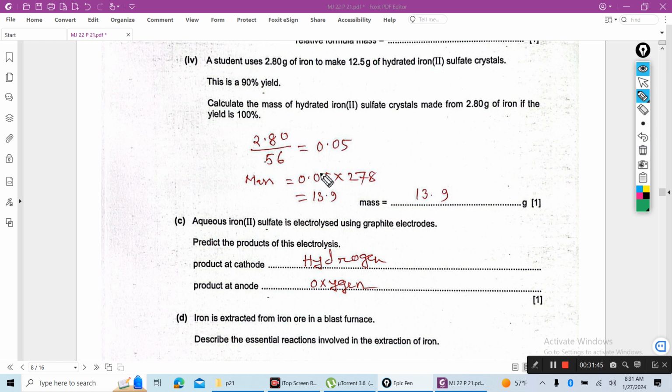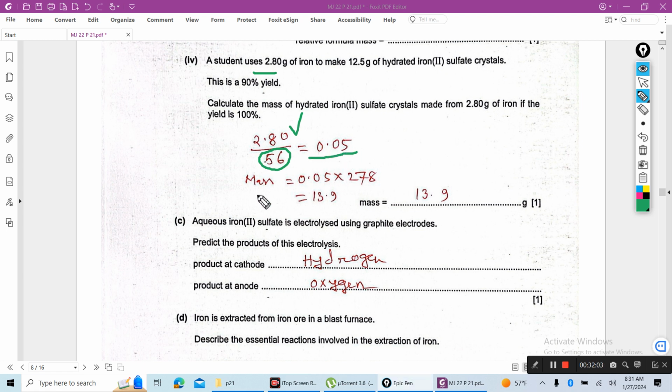Moles of iron is mass in gram divided by molar mass of iron.